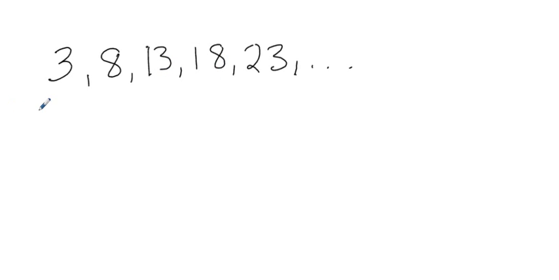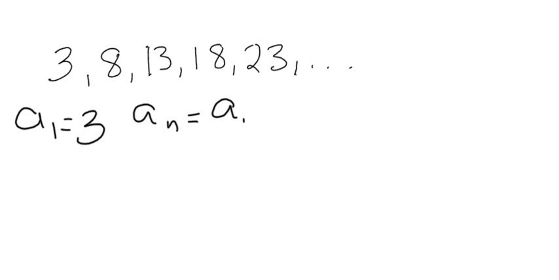So recursively, I can say that I started out a sub 1 is equal to 3. And for each value of n greater than 1, a sub n, we take the previous term, which would be a sub n minus 1. Remember, that is how we say previous term.